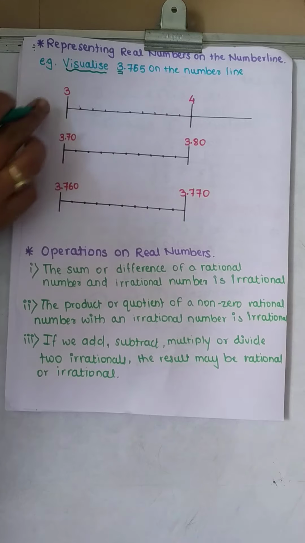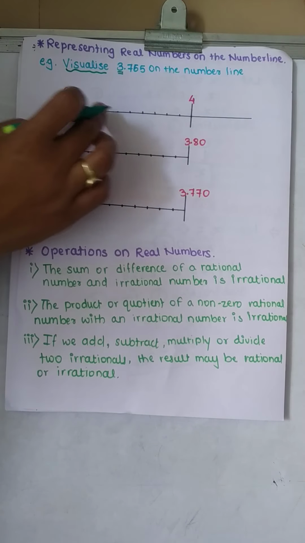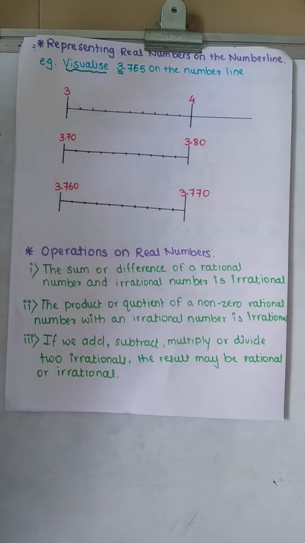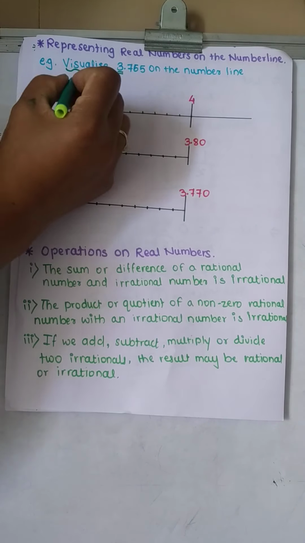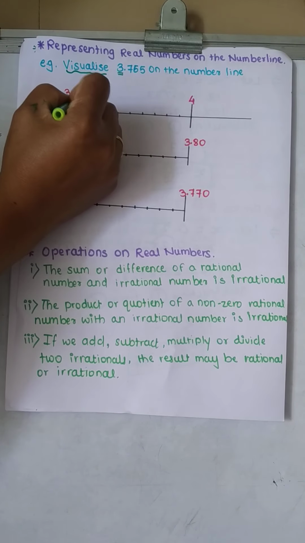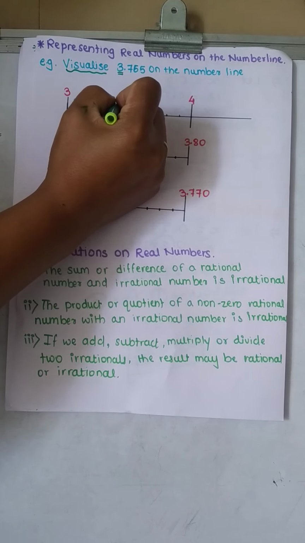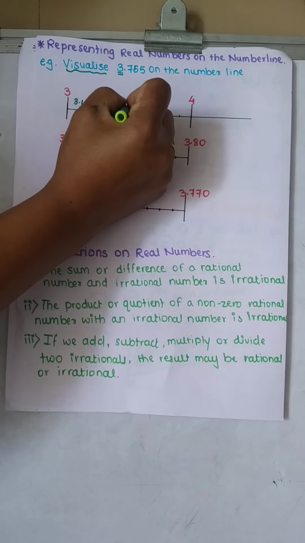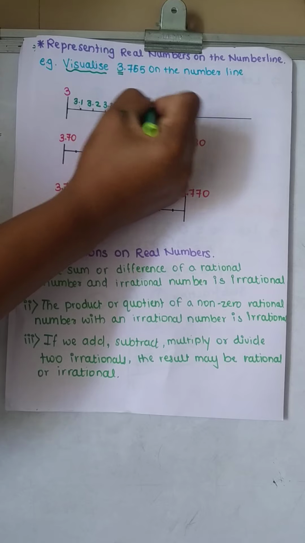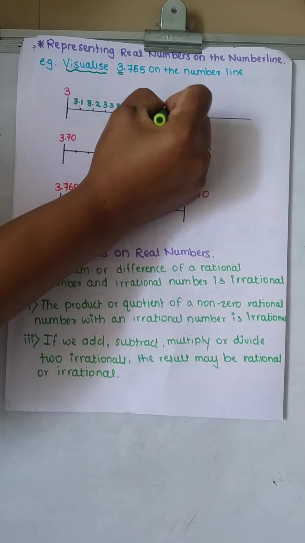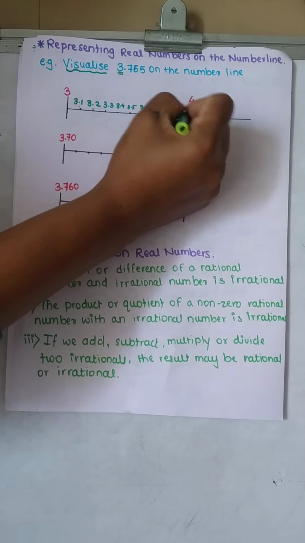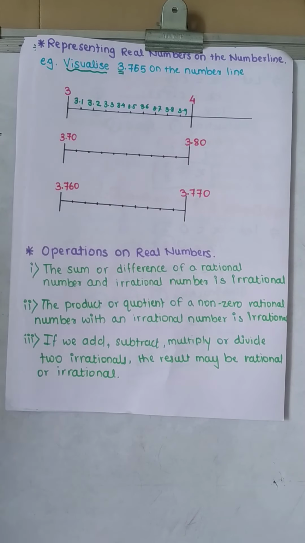So we write 3 and 4, and in between we show 9 numbers: 3.1, 3.2, 3.3, 3.4, 3.5, 3.6, 3.7, 3.8 and 3.9, and after that we get 4.